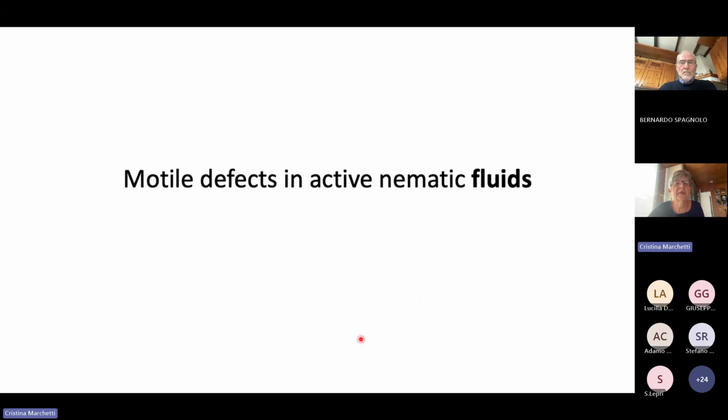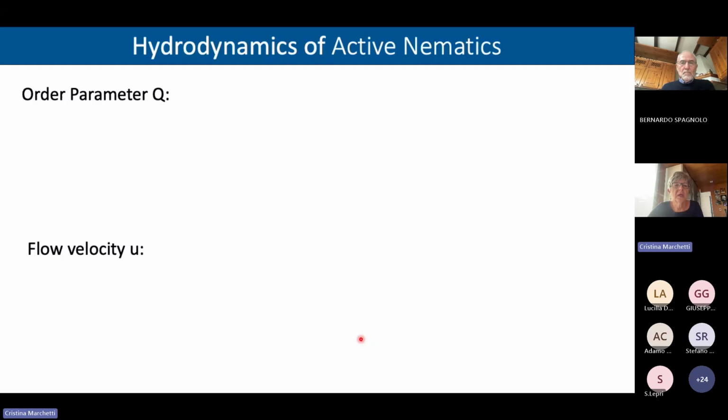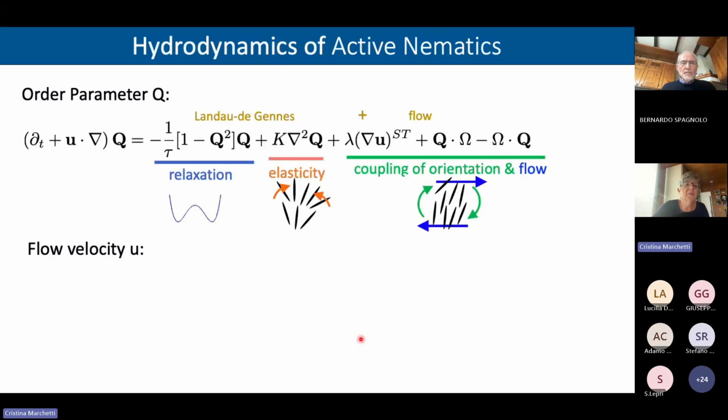How do we go about modeling an active nematic fluid? One way of doing it is at the continuum level, writing down essentially hydrodynamic equations in terms of the order parameter Q and the flow velocity that I will call U. The order parameter has dynamics that is controlled by relaxation, controlled by a typical double well potential that controls whether you are in the isotropic or nematic state.